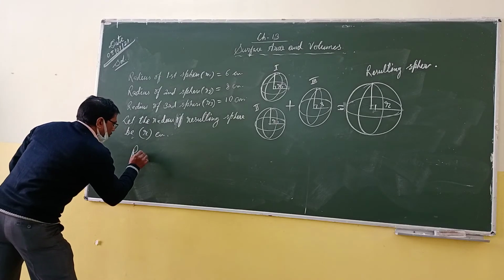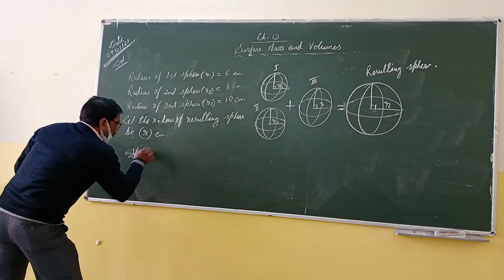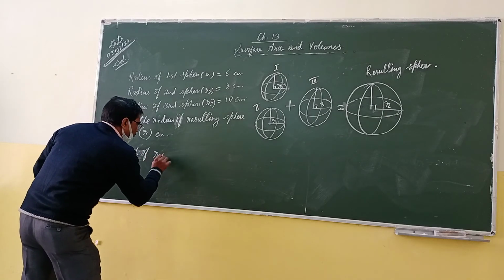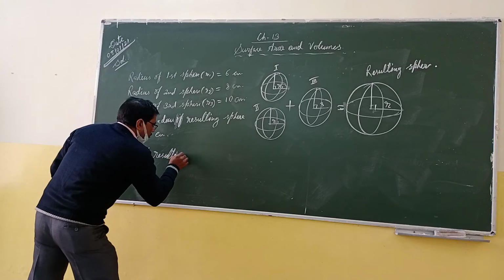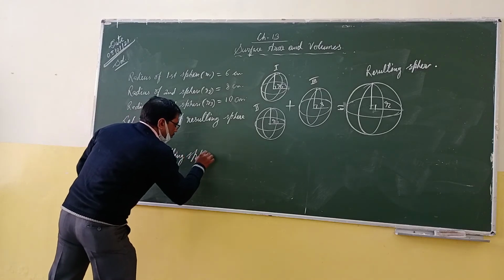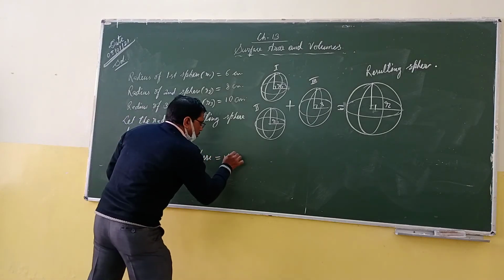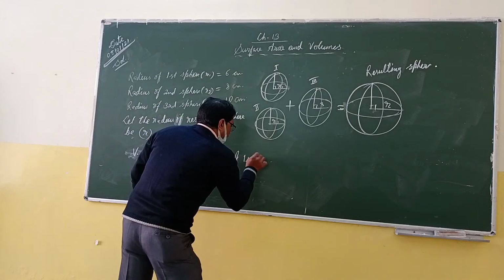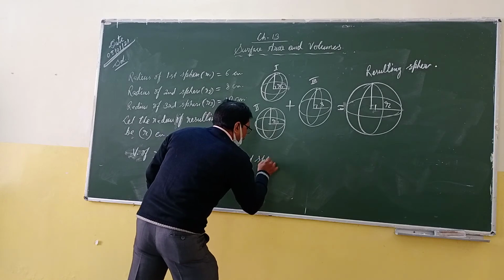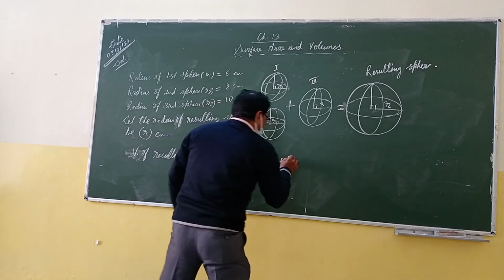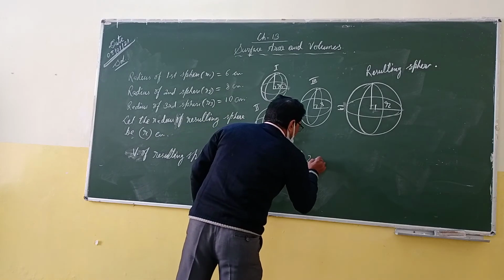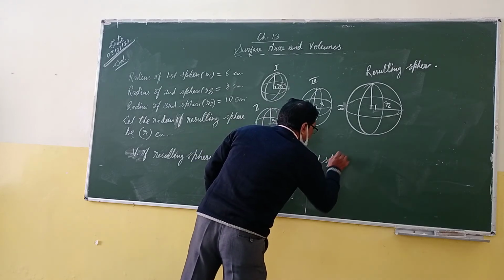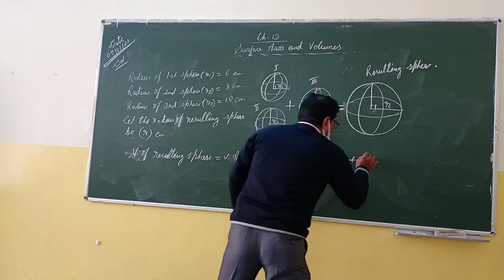So now students, volume of the resulting sphere is equal to volume of the first sphere plus volume of the second sphere plus volume of the third sphere.